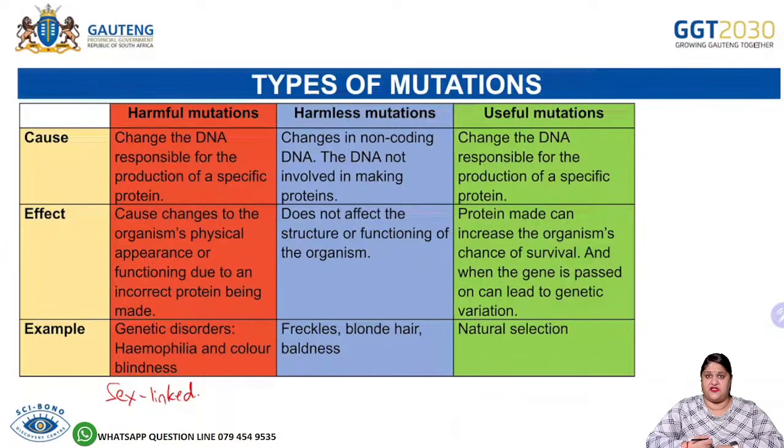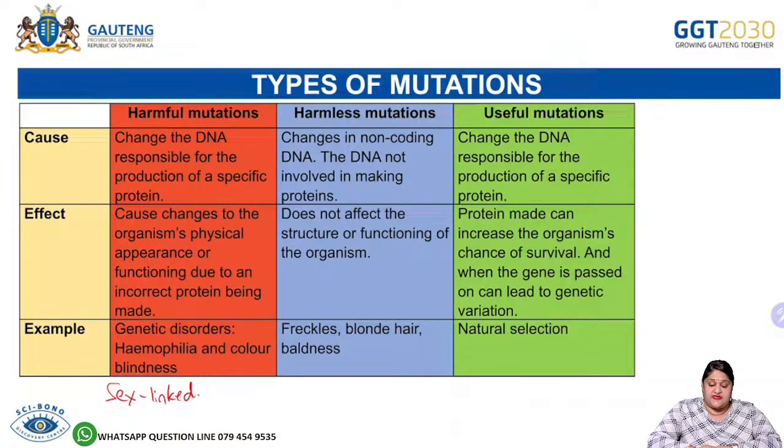Harmless mutations are, for example, freckles, blonde hair, and baldness. Yes, these are all mutations, but they are harmless ones. Freckles are little dots of darkened pigmentation that some people have. Blonde hair is that yellowy or whitish colored hair, and baldness is the lack of hair in some areas, having less hair.